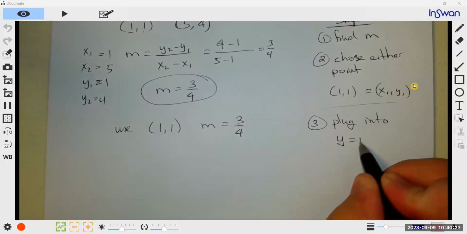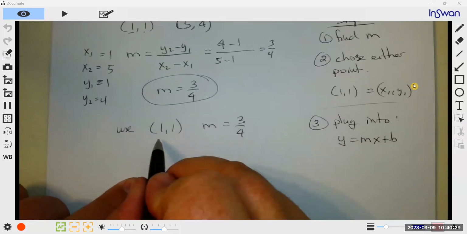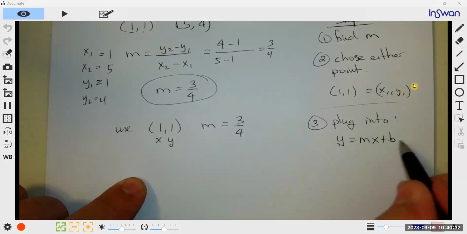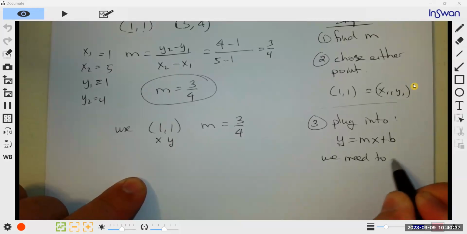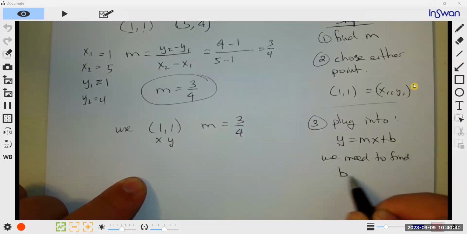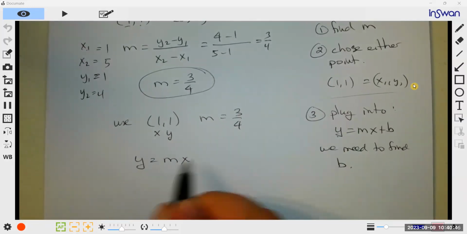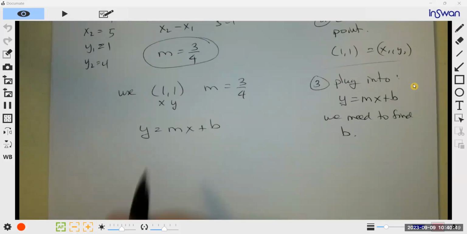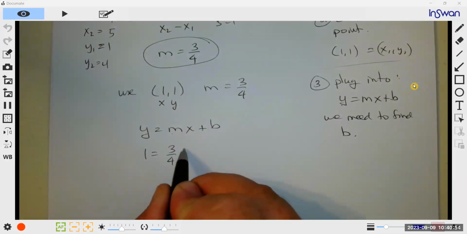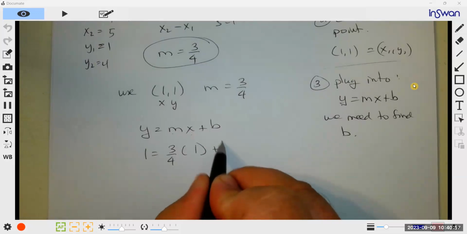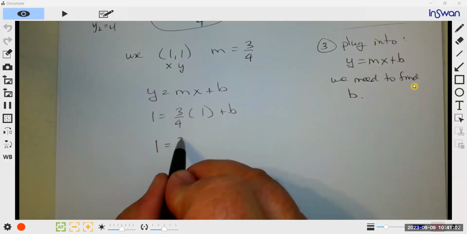Plug into y equals mx plus b. We have x, y, and m. The only thing we need to do is find the y-intercept. So y is 1, m is 3/4, and x is 1. 3/4 times 1 is 3/4.